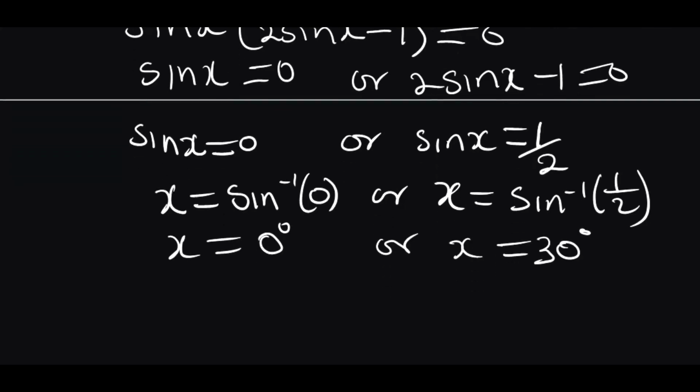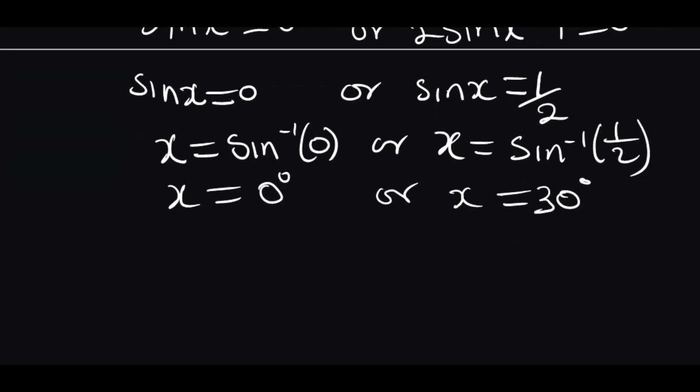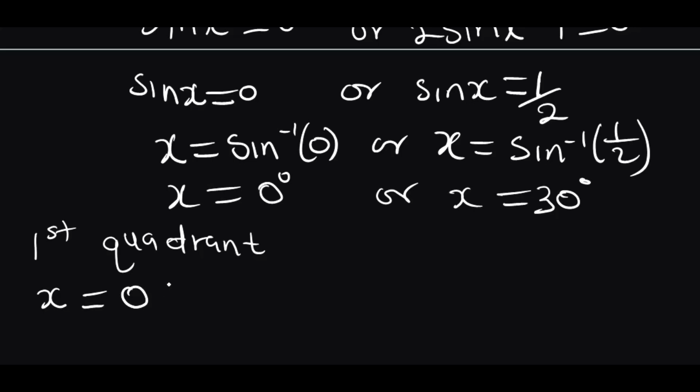Now, we haven't finished since we are solving for a general solution. We treat 0 as positive, meaning we need to look where sine is positive. Sine is positive in the first quadrant, meaning x is equal to 0 plus k times 360 degrees.